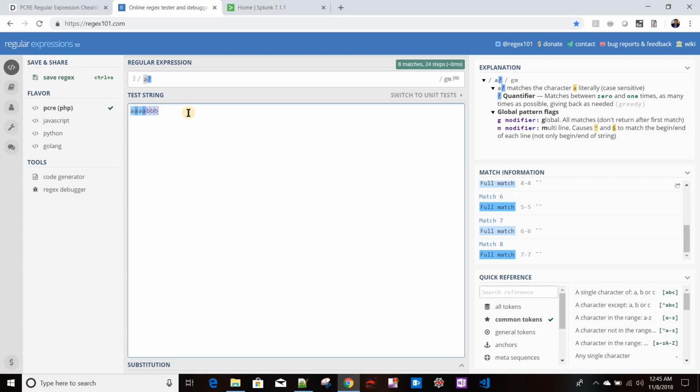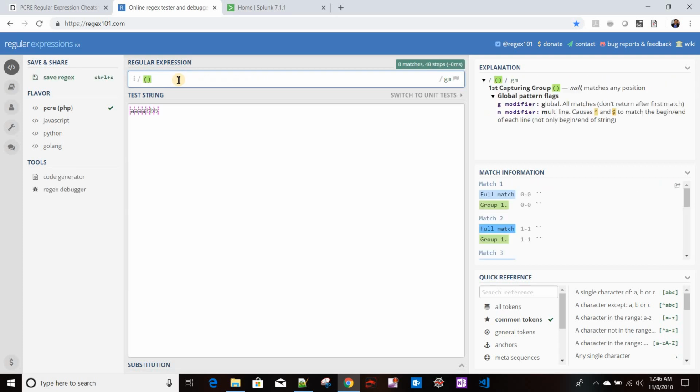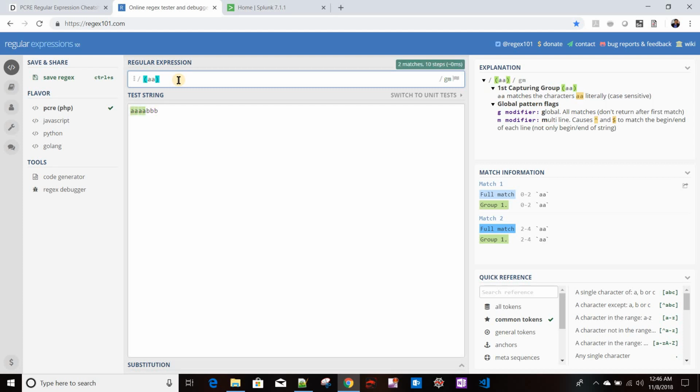Let's say I have this string, and I have something like this. When you create a group, you create it within brackets. If I say a, I am considering this whole thing as a single unit.